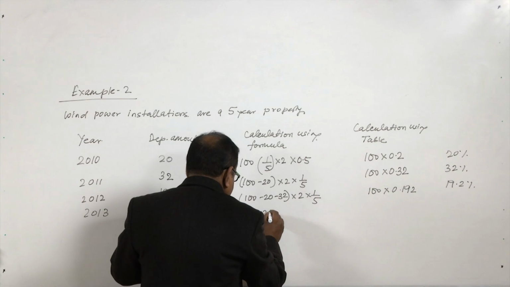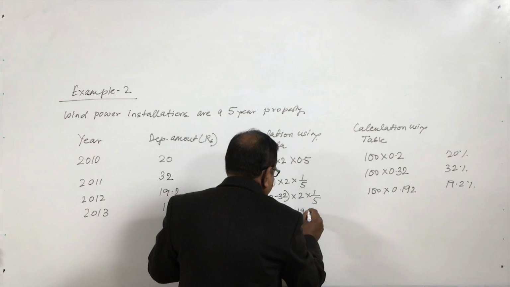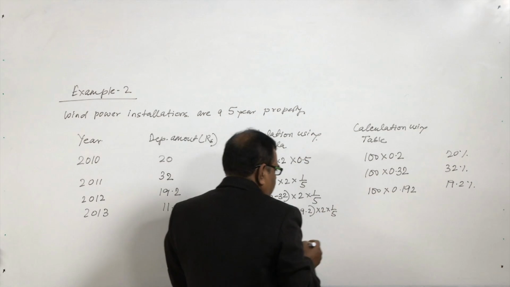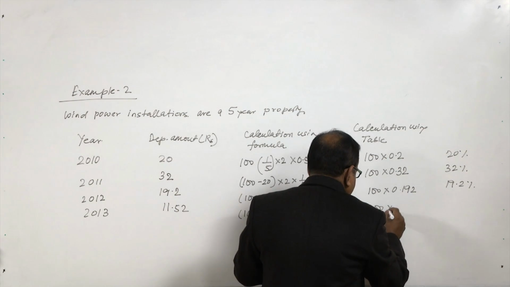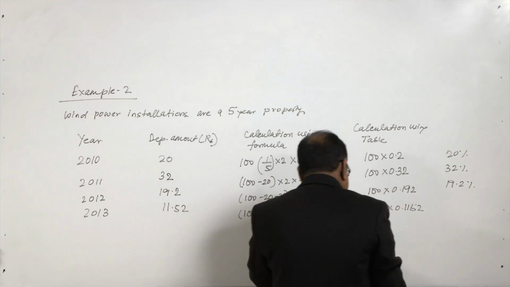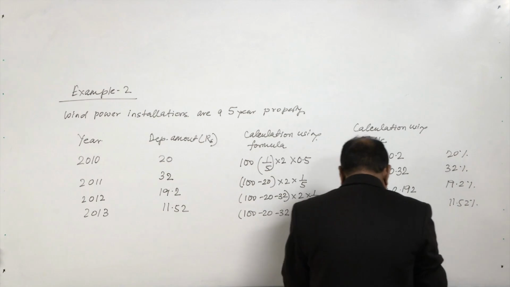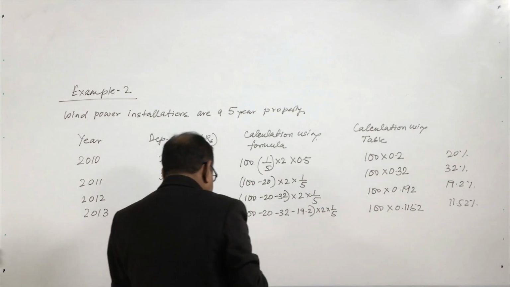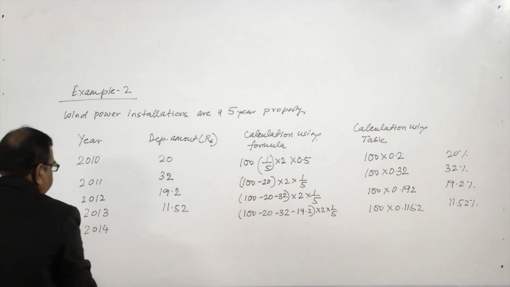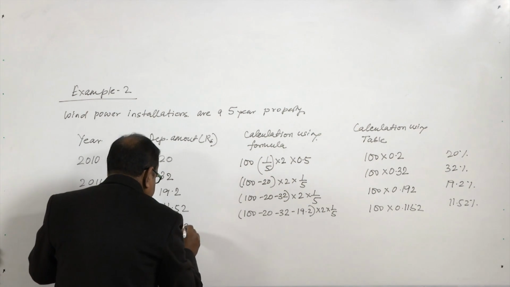This is 100 minus 20 minus 32 minus 19.2 into 2 into 1 by 5, or 100 into 0.1152, 11.52%. Now, 2014, this is again 11.52.